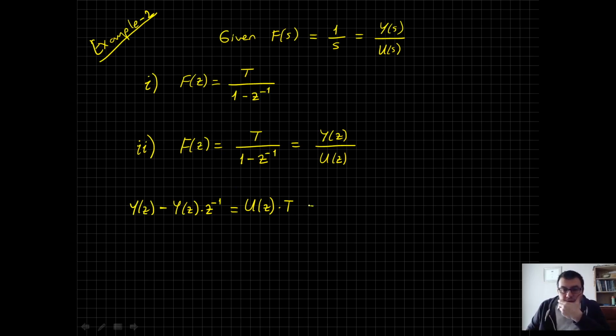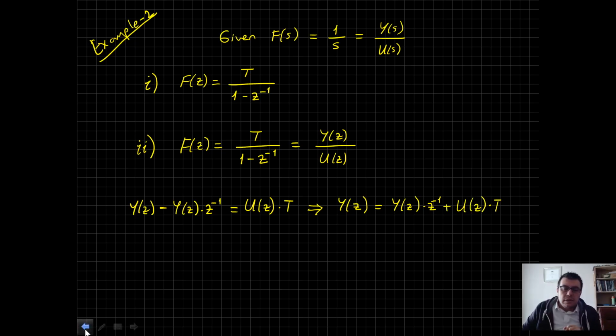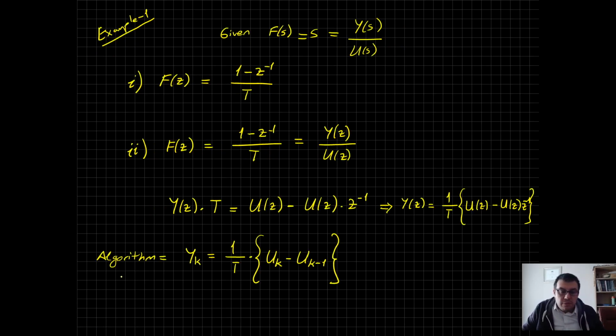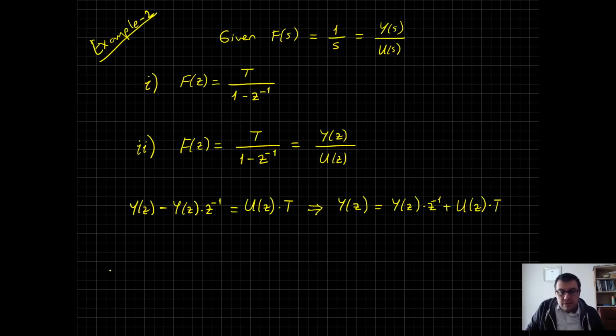So we can write this as y of z, our output, is equal to y of z times z to the minus 1 plus u of z times t. So here we should recall that y of z is the output at this time sample, and y of z times z to the minus 1 is one step delayed output. So if we move to algorithm, we can write it here.